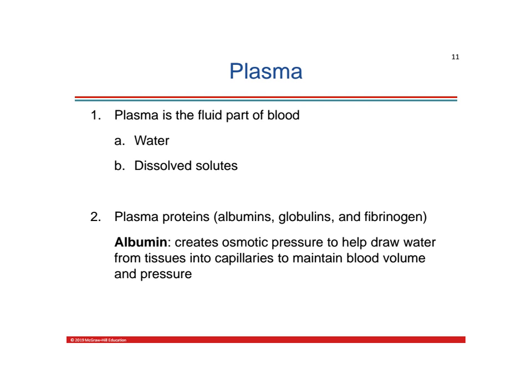So these proteins actually take up quite a bit of the volume and space within the blood plasma, and this means there's less room for water. So the water concentration of the interstitial fluid is higher than the water concentration of the blood plasma. This means that water will move down its concentration gradient from the interstitial fluid to the blood plasma.